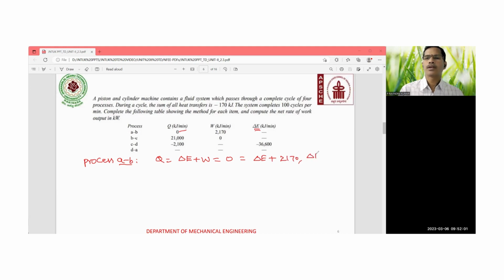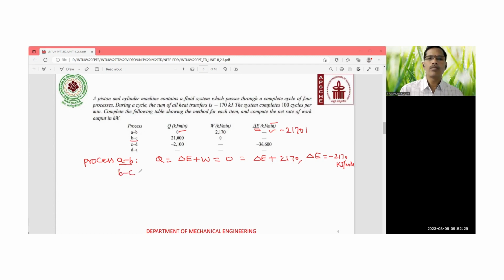So from this case, the cell delta E, you will get as minus 2170 kilojoule per minute. So that means that this particular cell is filled up. In the same way, go for the process B to C.